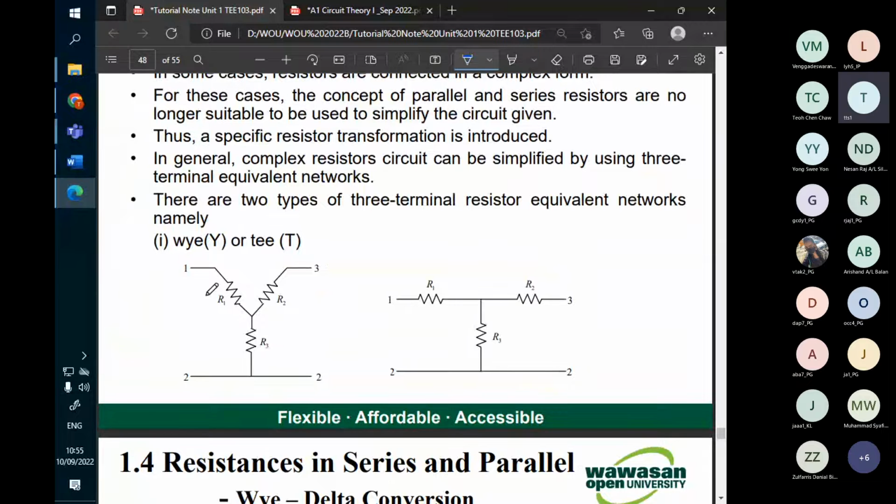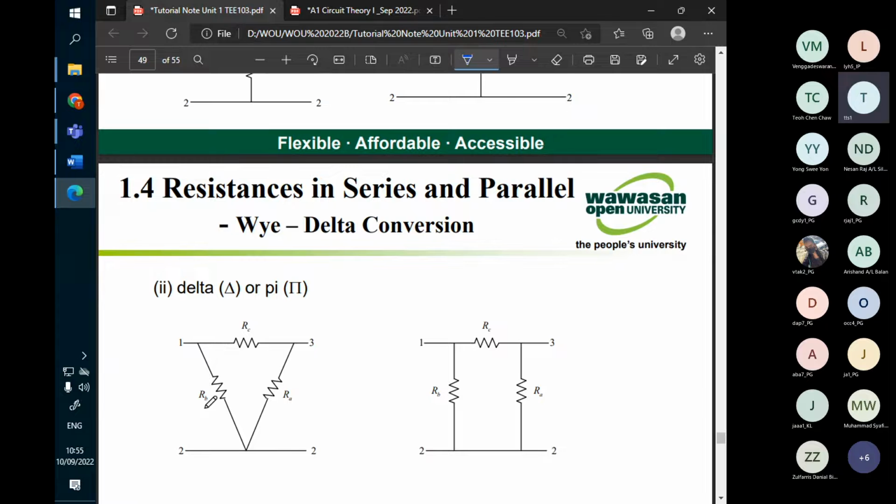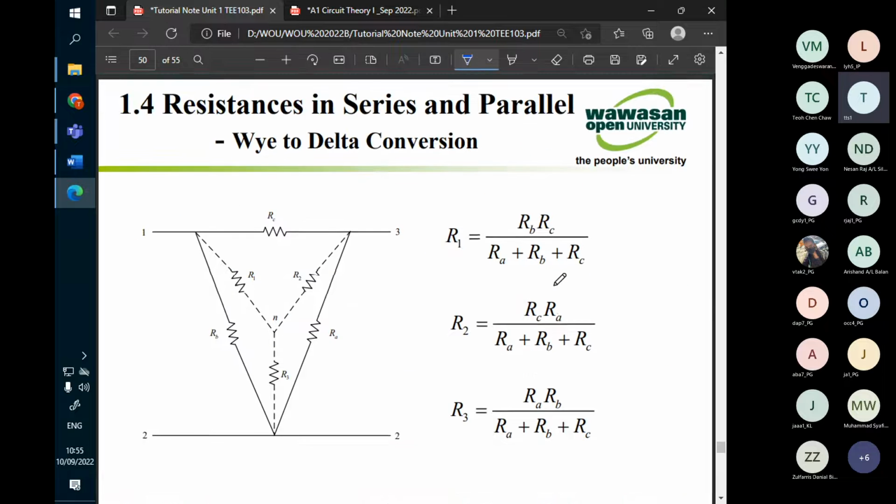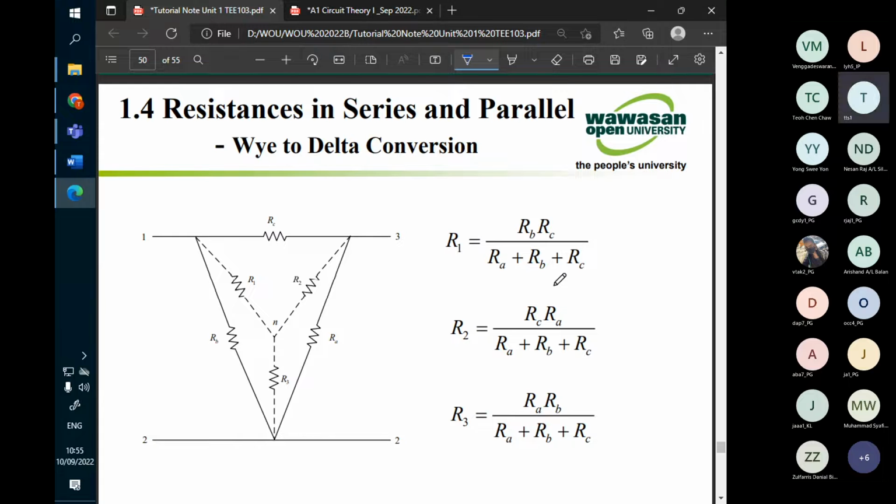We have something we call the T, something we call the delta. Okay, we can convert from T to delta with this formula. For example, if you look at the dotted line here, the dotted line is denoted as R1, R2, R3.